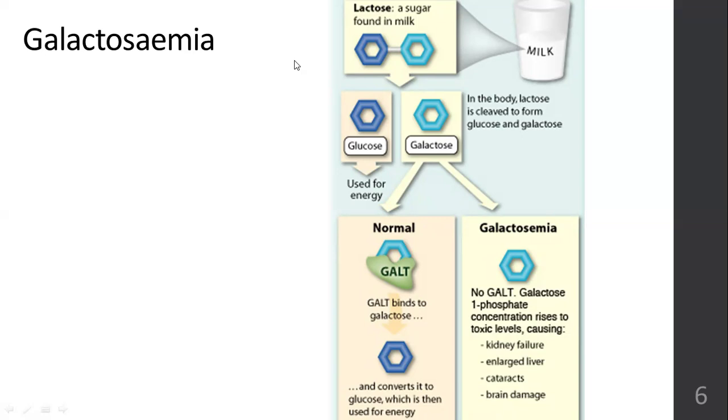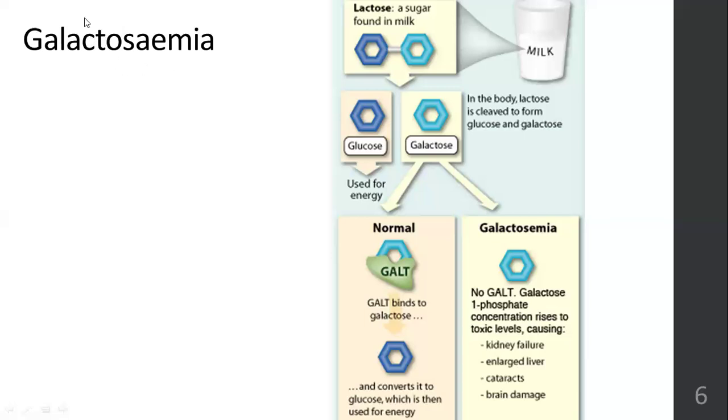Galactose is a form of lactose, which is also a form of glucose. Emia means in blood. So galactosemia means too much of galactose in blood, right? Too much of galactose in blood.